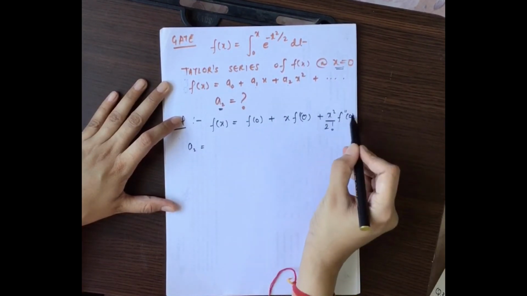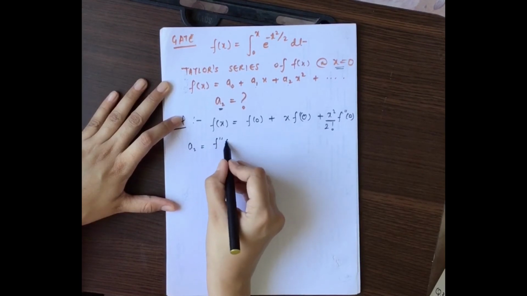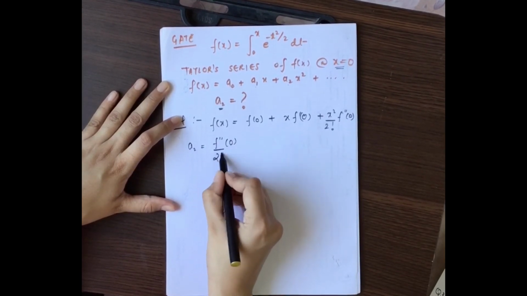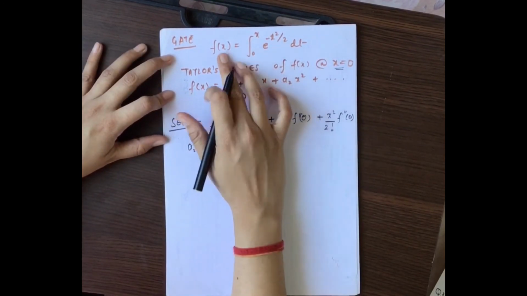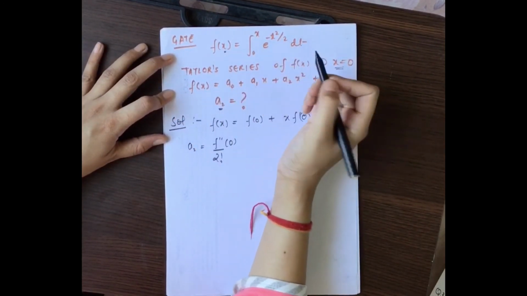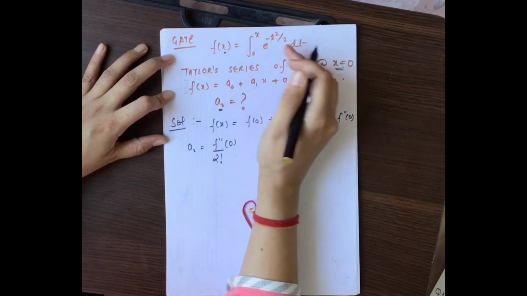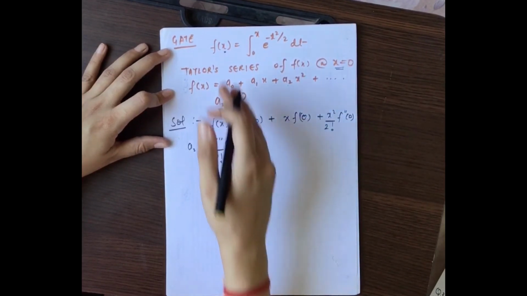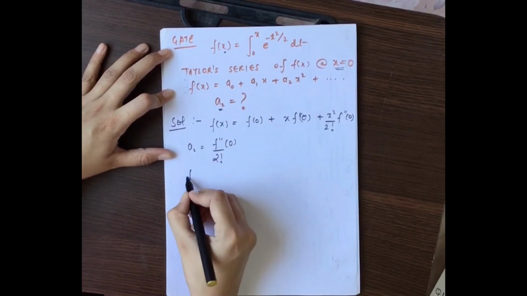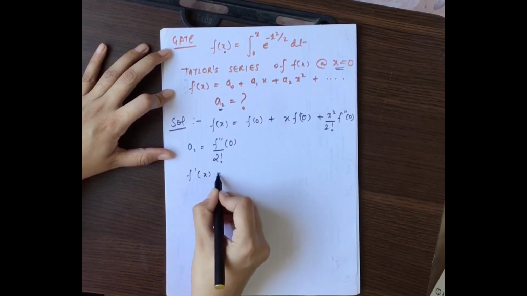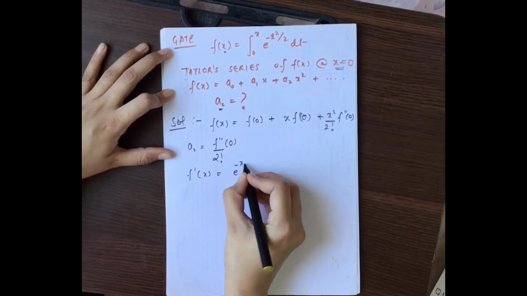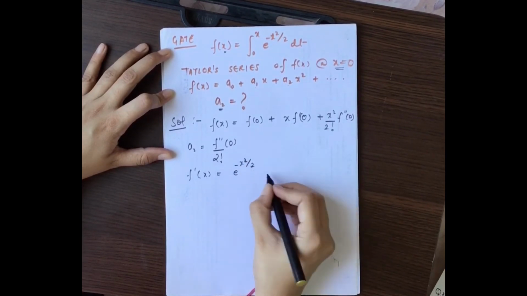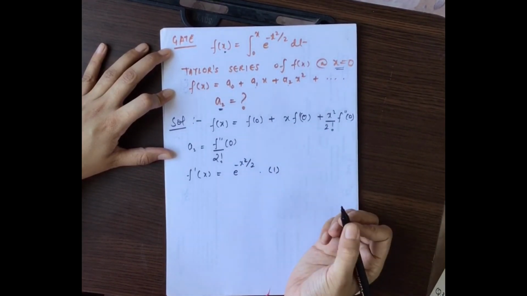So on comparing, a2 is equal to f double dash 0 upon 2 factorial. Now we have to find f double dash 0, right? But at first we have to find f dash x and then f double dash x, and then we will put x equal to 0. So now you know that f dash x is e to the power minus x square upon 2, simple, into 1.